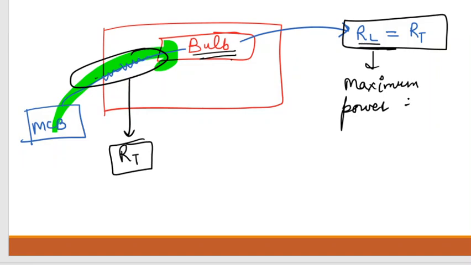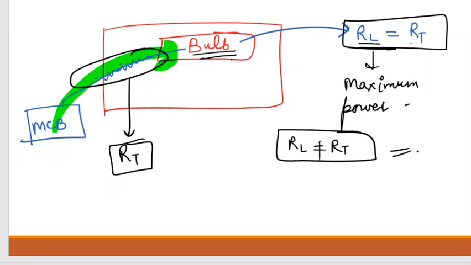If suppose RL is not equal to RT, then maximum power will not transfer through the bulb. Power will still get across the bulb, but not the maximum, right?